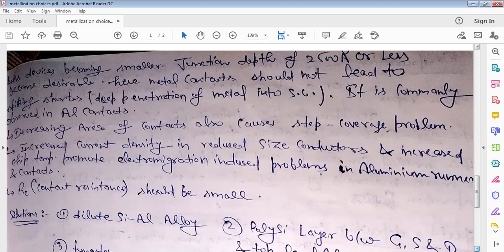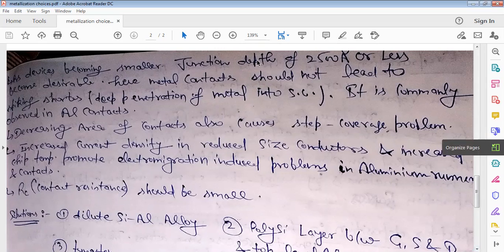So around 2500 angstrom or less junctions are becoming desirable. So whatever metal contacts we are making, they should not lead to spiking shots. What is a spiking shot?